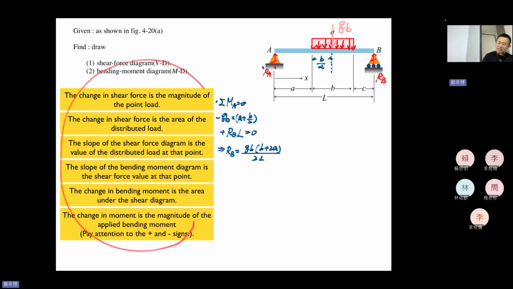Okay, so there are 6 tips that help you solve this problem really quickly.